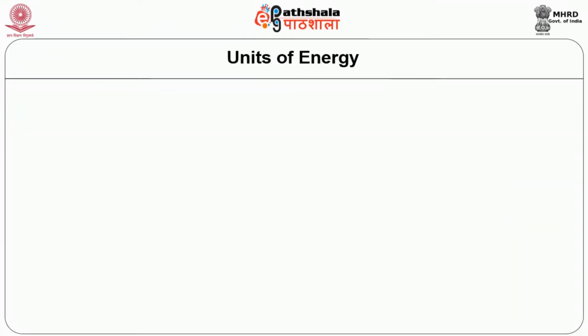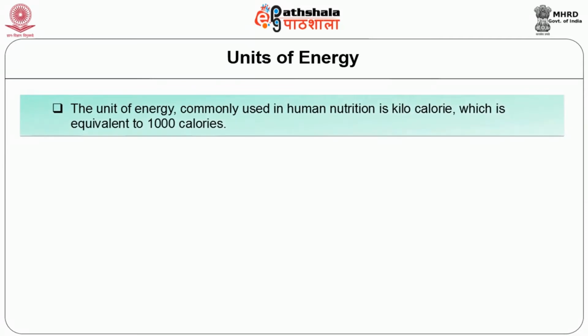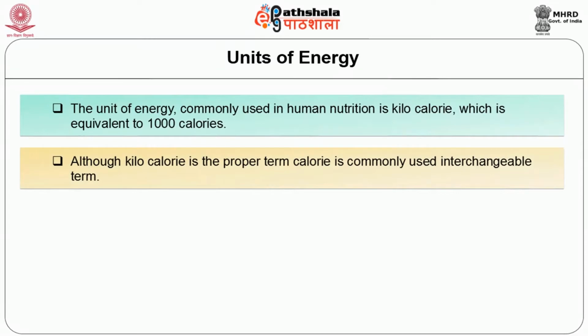Next, we will see the units of energy. The unit of energy commonly used in human nutrition is kilocalorie, which is equivalent to 1000 calories. Although the kilocalorie is a proper term, calorie is commonly used as an interchangeable term.